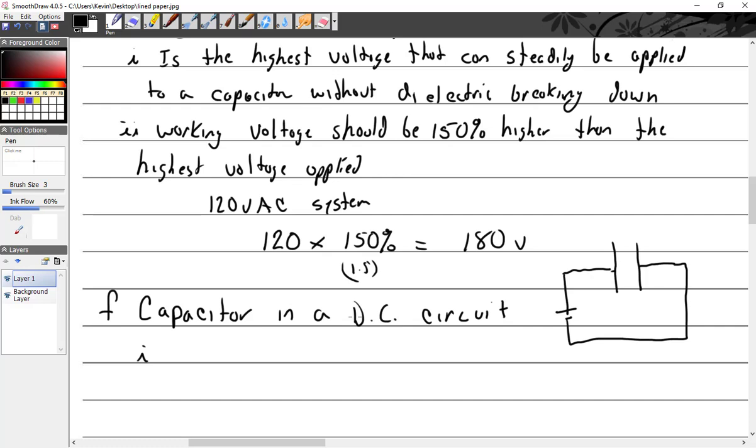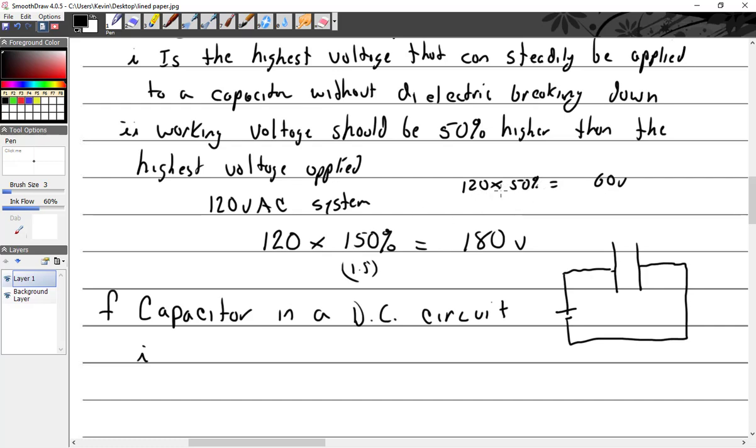So your Q&A says 50% is the right answer. 50% would make sense if your highest voltage is 120 and you add 50% to it. 50% of 120 is 60. You just have to be careful how you do the math, because some people have trouble with math, that's okay. If you do 120 times 50%, you'll say it must be 60 volts, right? And that's wrong. So you have to multiply it.